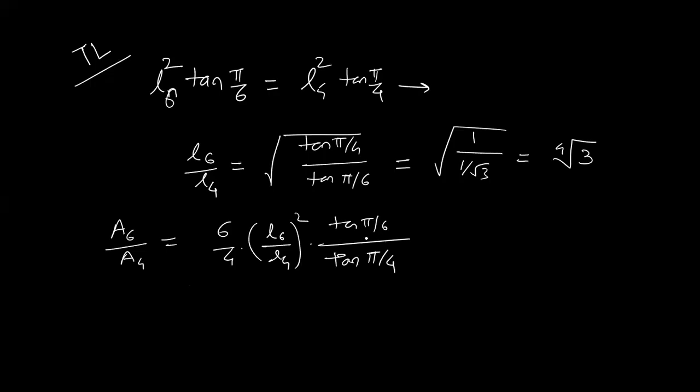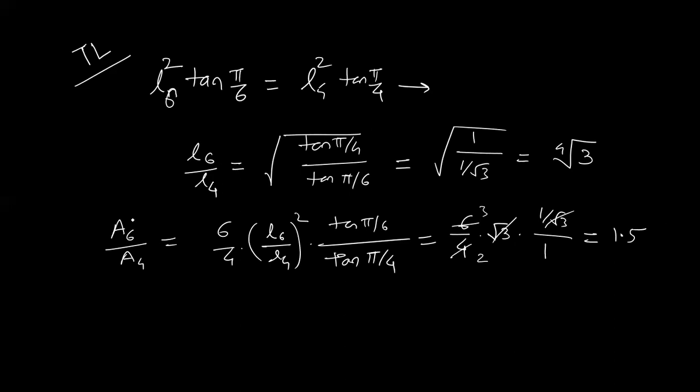That comes out to root 3, then we have tan pi by 6, which is 1 by root 3, divided by tan pi by 4, which is 1. So this cancels out, and 2 fours are 4 and 2 threes are 3. So 3 by 2, that is 1.5.